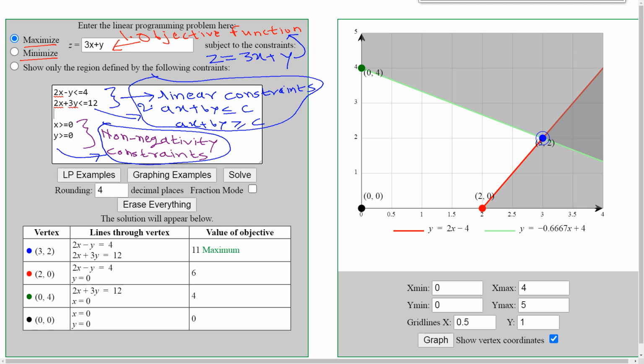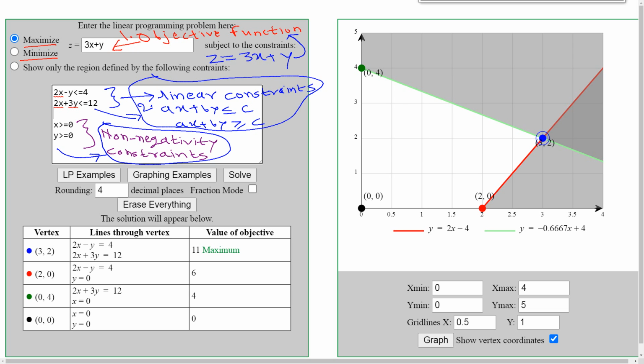Now, what is the meaning of the term solving a linear programming problem? Solving a linear programming problem means to obtain those values of x and y at which the objective function will have the maximum or minimum as required, which will satisfy all linear constraints and all non-negativity constraints.